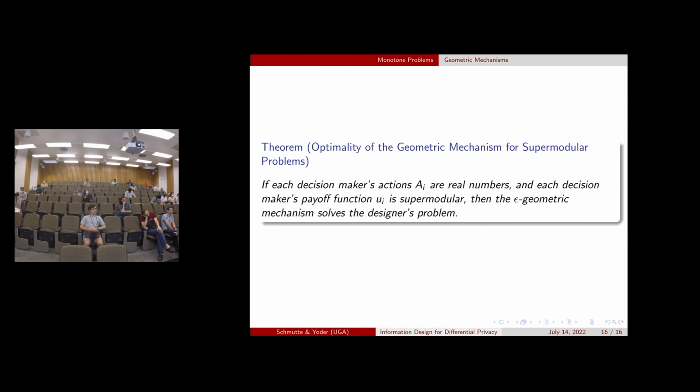Here it was without loss to just think about signals that only depended on the true value of the statistic you were interested in. That's not going to be true more generally. You can actually do better than that, which is something that one of the referees asked us too.